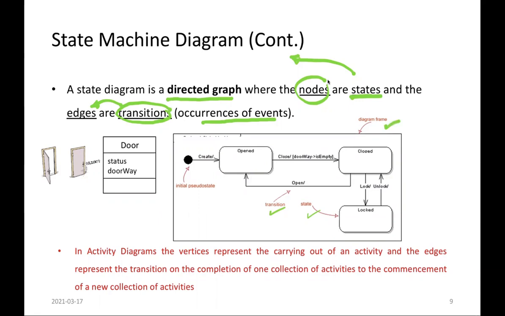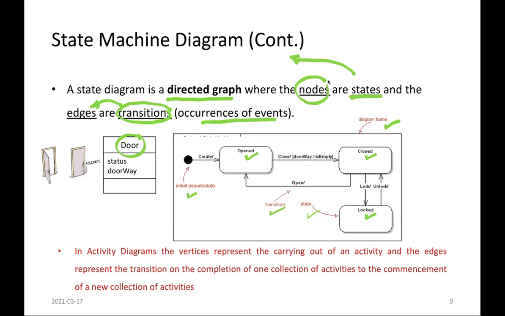And we always have an initial pseudo state by which the state transition starts. This example is for a door object, in which we're trying to see the different states of the door. It could be opened, closed, or even locked. Then we'd like to monitor the actions and events that cause the transitions between those different states.